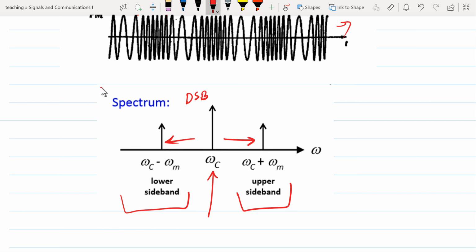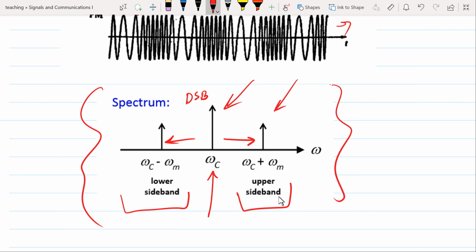We can see a direct relationship between the spectral characteristics of the amplitude modulated signal, from that of the carrier to that of the translated spectrum after modulation due to the message.